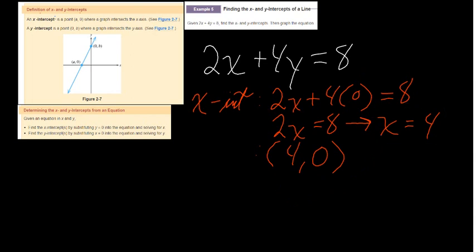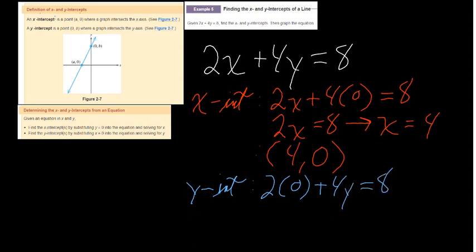We'll do the y-intercept. Running a little short on room here, so it might be a little cramped. So we've got 2 times 0, because I've set x equal to 0 now, plus 4y is equal to 8.